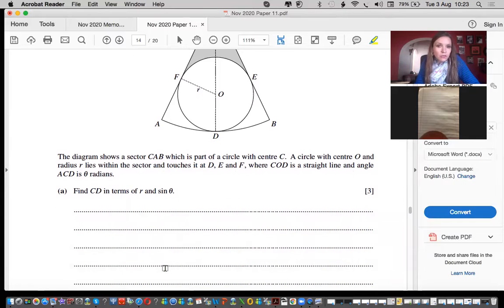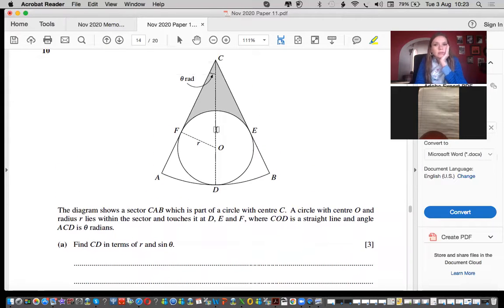The first question: find CD in terms of R and sine theta. So they want CD, this long one here, in terms of R and sine theta. The critical thing that you had to notice here was that F is 90. So if F is 90, then suddenly we can play with our trig ratios. The trig ratio I was hoping for was, if you use this angle and you want CO, you can use the ratio from here, opposite over hypotenuse.